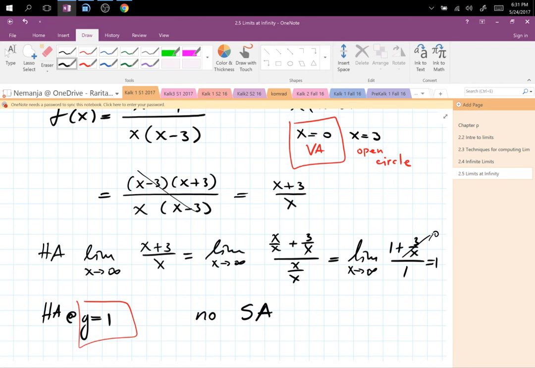Questions, concerns? How do you know that x equals 3 is the open circle again? Because that's the one that canceled here. Okay, yeah. So the limit will not give you infinity because it's not there. Anything else?